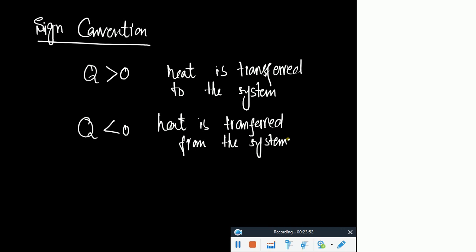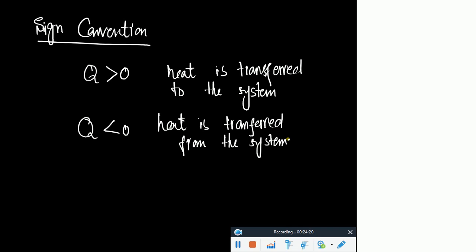Now the point is, at the same time you are doing work on the system, but by doing what? By providing heat, by providing energy to the system. So if heat is being given to the system, you are taking it as a positive thing. But at the same time, you are taking that work done on the system as a negative thing. So this is kind of a conflict, a contradiction.